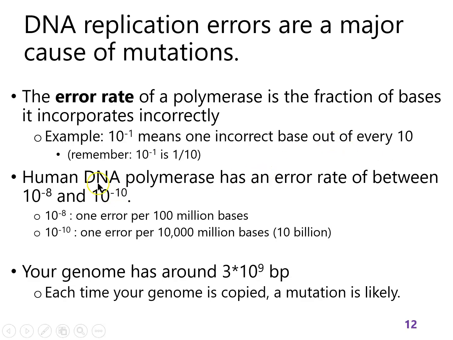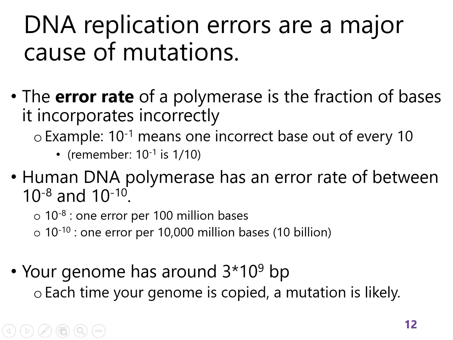So part of this really great error rate comes from our ability to proofread. Part of our DNA polymerase has proofreading and correcting capabilities. Most RNA polymerases don't have proofreading, so their mutation rates, or their error rates, are much higher.